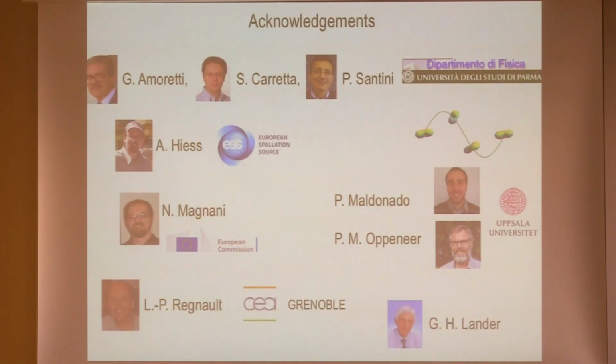Anyway, that's all. Just the collaborators, Giuseppe Moretti, Stefano Carretta, Paolo Santini in Italy. Arno Hiess, he was at the time at ILL, now he's at ESS. Nicola Magnani was with me first in Parma in Italy, then he followed me in Germany, now he's in Holland. Pablo Maldonado and Peter Oppeneer in Uppsala, Louis-Pierre Regnault, and Jerry Lander is everywhere in different installations.